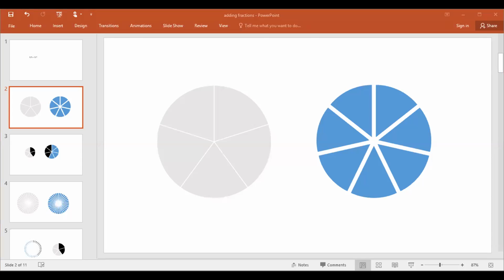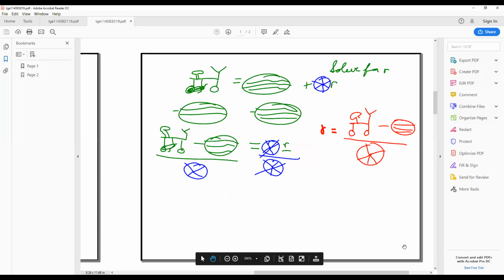Here we go. You know, when they're just trying to solve an equation. So you have bicycle equals watermelon plus, here's pizza again, times R. If they see something besides just a regular mathematical symbol, sometimes it helps. So, I mean, it looks like a silly little thing, but just something to make it stick in their mind.